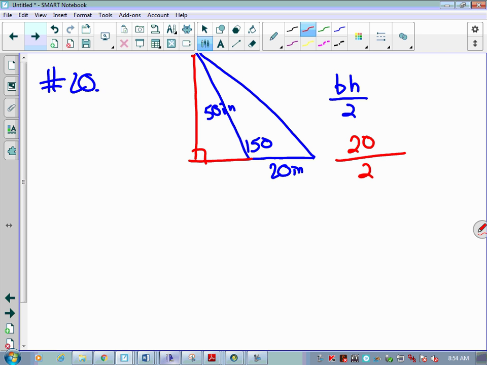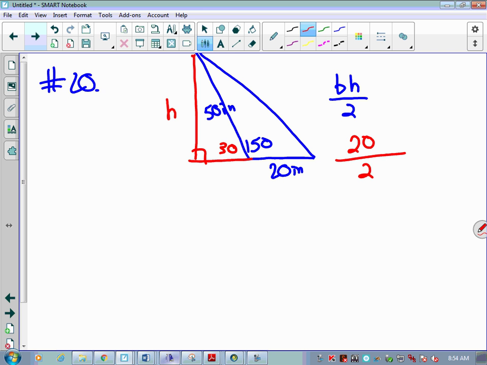But 50 is not perpendicular to my base. So at this point, I'm going to create this outside triangle. We've got a linear pair here, so 30, and we're looking for height, and basically 50 becomes the hypotenuse now. Does that make sense?